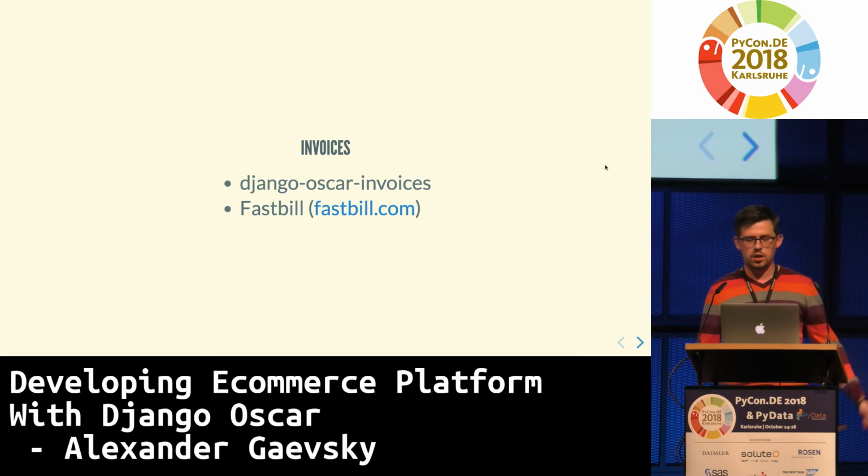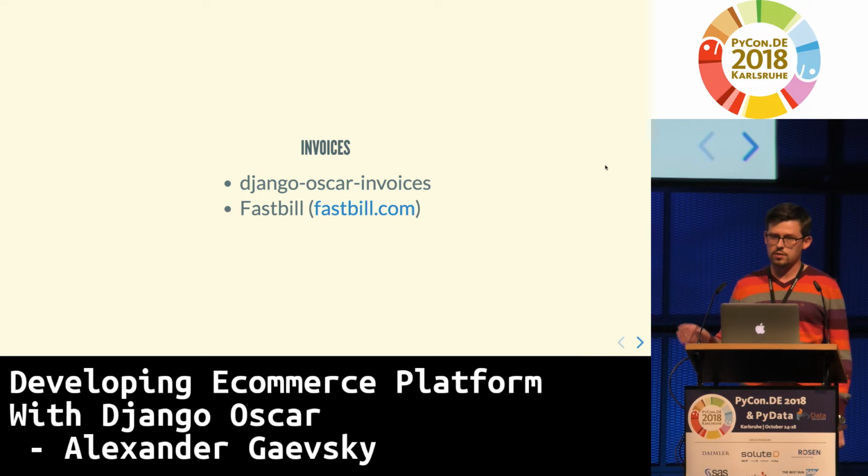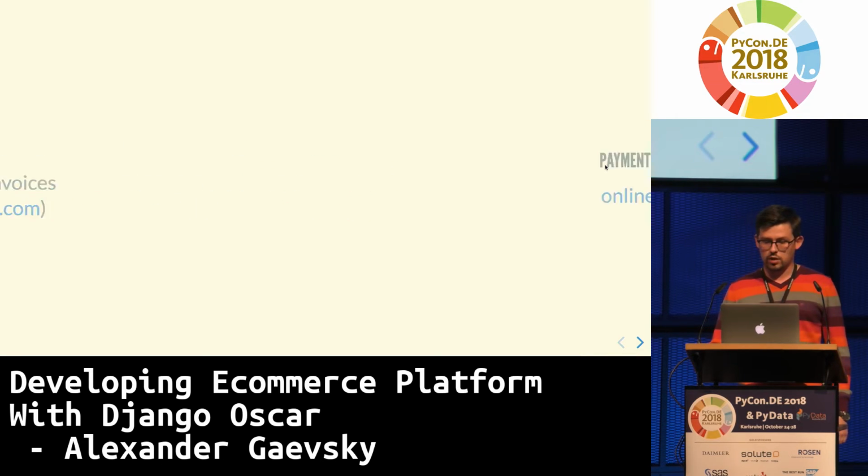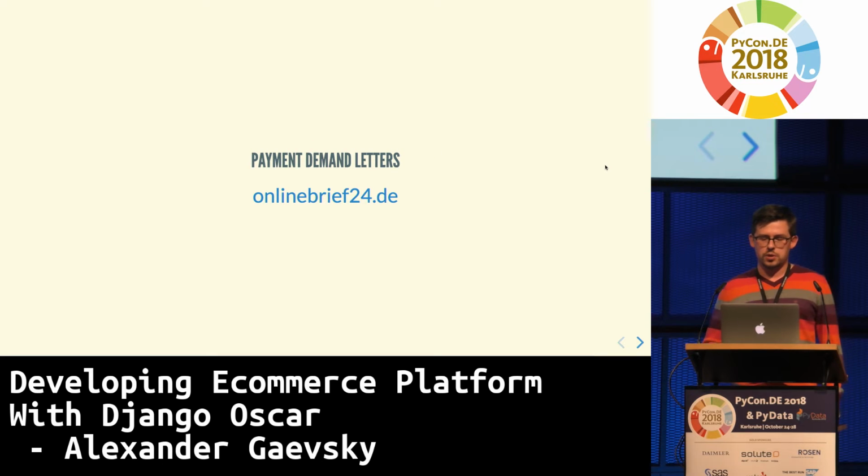You send there your supplier details and order details, and they take care of the invoices from end to end. Also, if you have delayed payments, you may need to notify your clients to pay if they miss the payment date. There's also a German service that we use on our project called onlinebrief24.de.